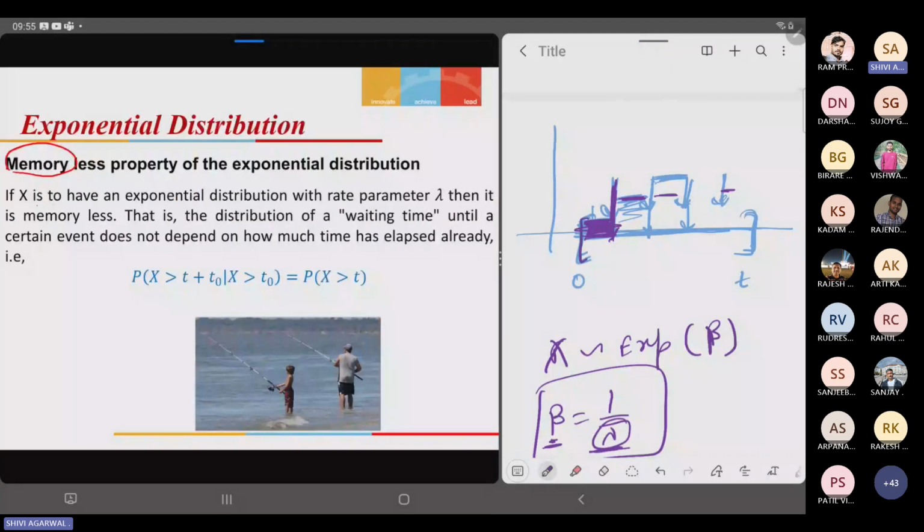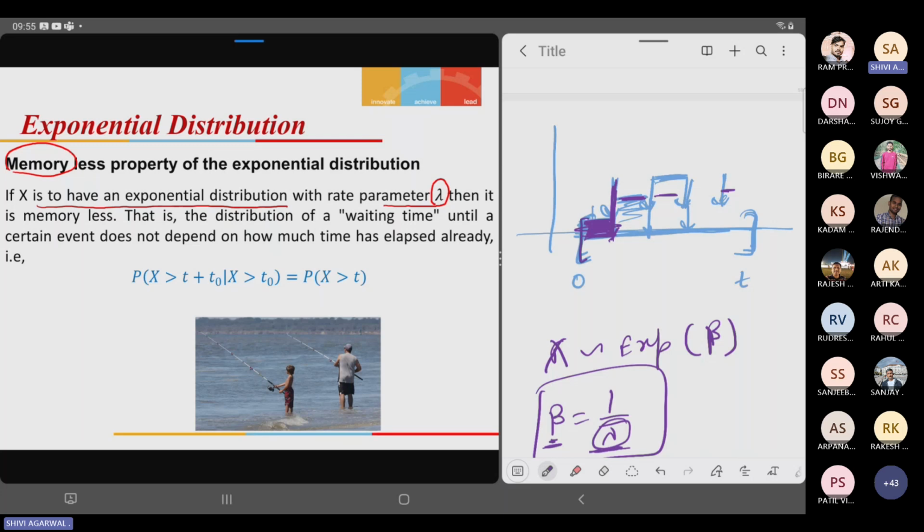If X has an exponential distribution with rate parameter lambda, be careful about the parameter form. If the rate is given, then it is given in the lambda form, and if the mean is given, then the mean is beta, and beta is equal to 1 by lambda.